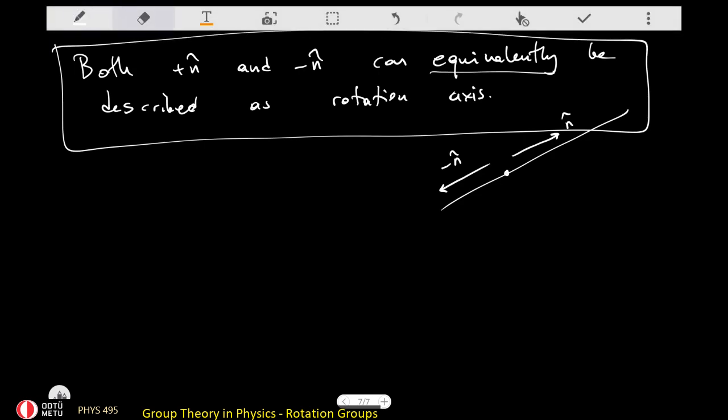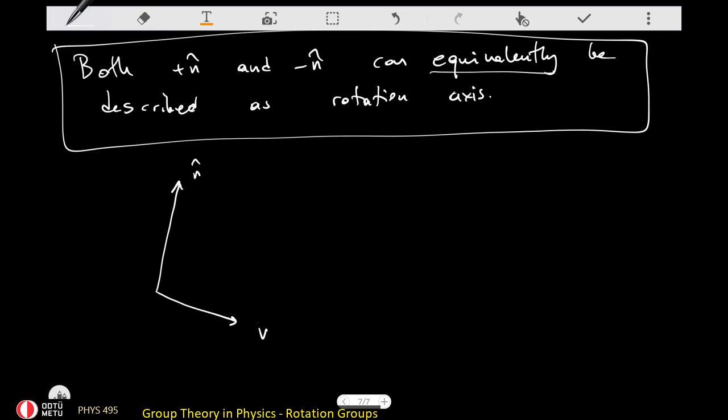Next, let me forget about this because I need to redraw it. So we have a direction n. Suppose that we have a vector v which is perpendicular to n. Consider the rotation of that vector. I'm transforming vector v to v prime, which is obtained by applying R to v.